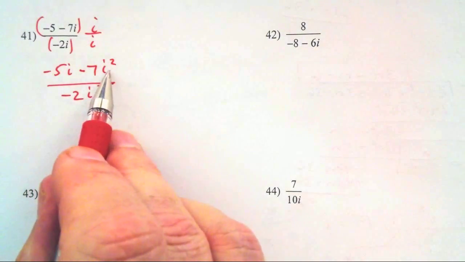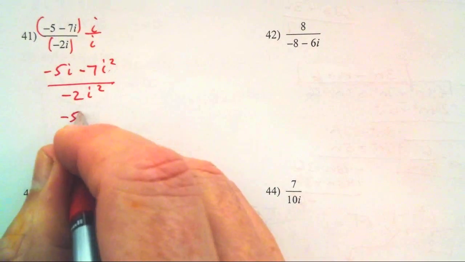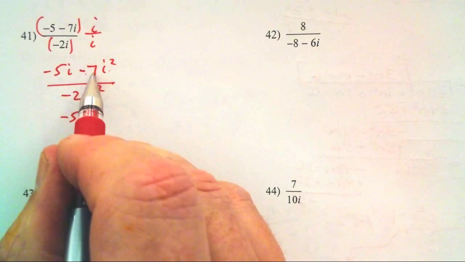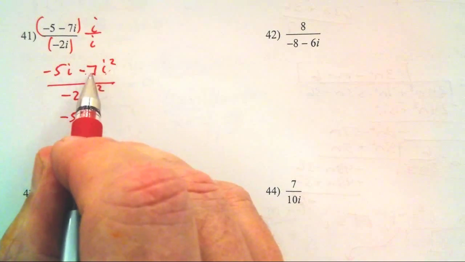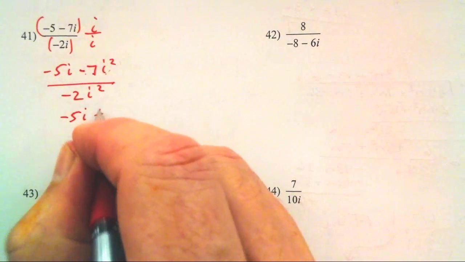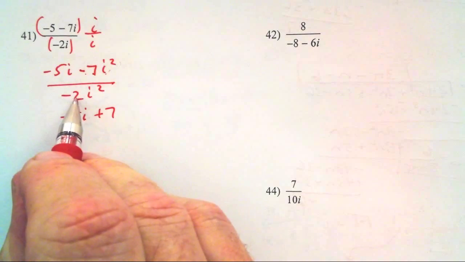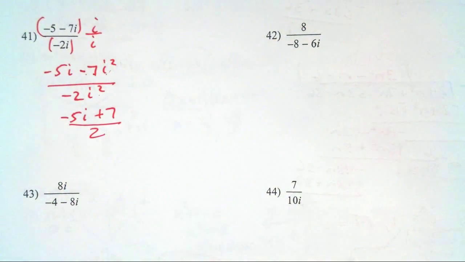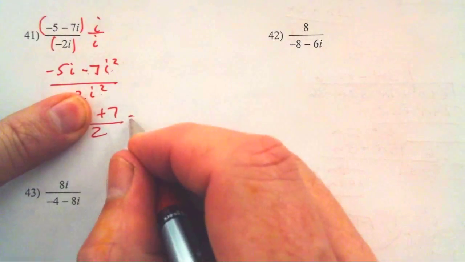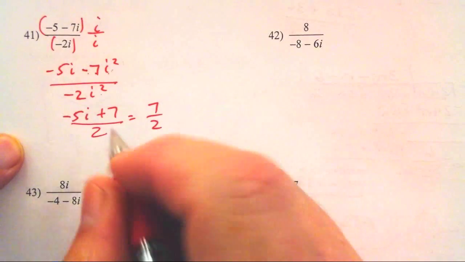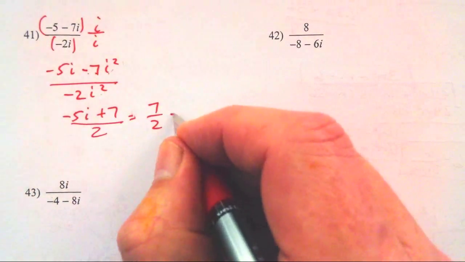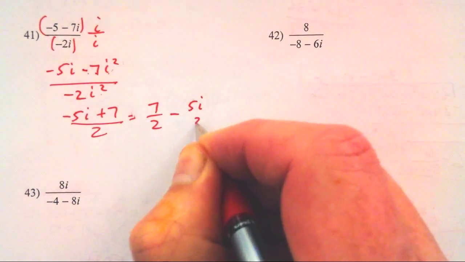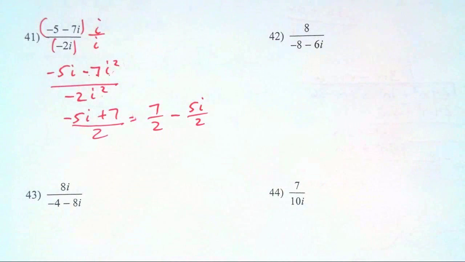But because i squared is -1, this is -5i minus 7 times -1 is plus 7. -2 times -1 is 2. Now, how we would write this in our final form, I want the real portion. The real portion is 7 on 2. The imaginary portion is 5i on 2, and that's how we would represent it.